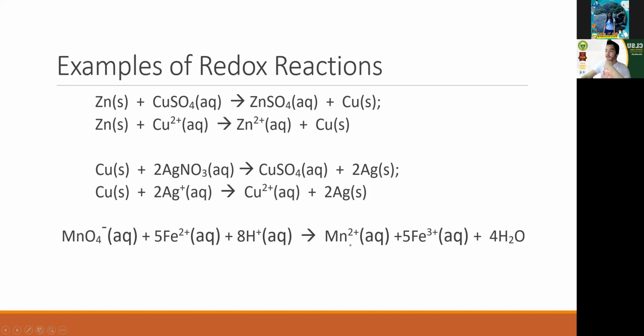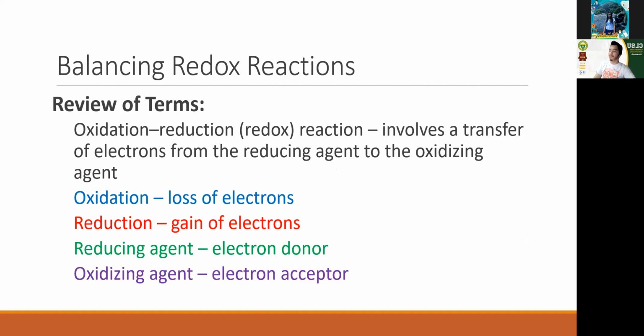Yan. So, before balancing redox, so ito kasi balance na to. So, before balancing redox, review muna tayo ng terms. Ulitin natin. So, tandaan, kapag oxidation, pag na-oxidize ka, mawawalan ka ng electron. Kapag na-reduce ka, or reduction, madadagdagan ka ng electron.